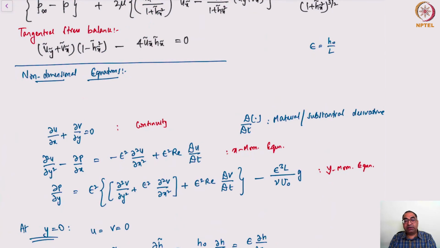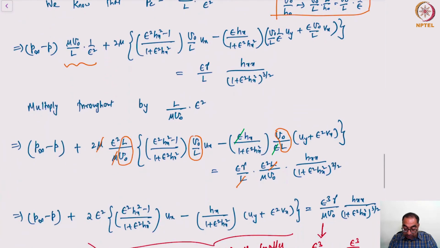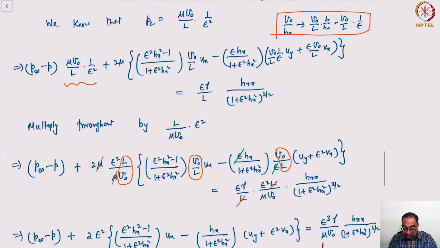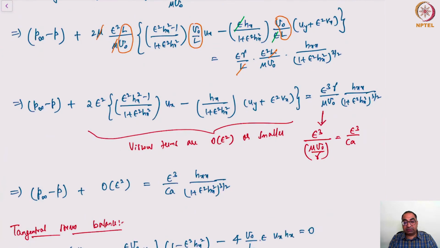On the right hand side, we have terms of size epsilon or epsilon square or epsilon square Re and so on. Now I've done the same thing in the other equations. The kinematic condition remains unchanged. As far as the normal stress balance is concerned, we again have the same thing. We have separated them into order 1 terms and order epsilon square and smaller terms.